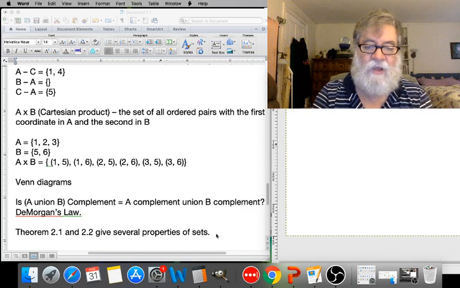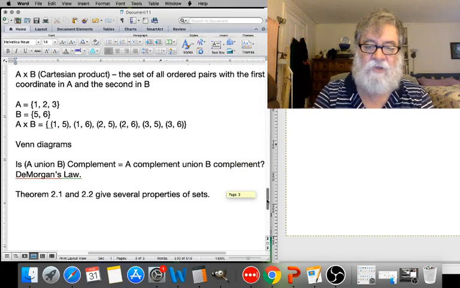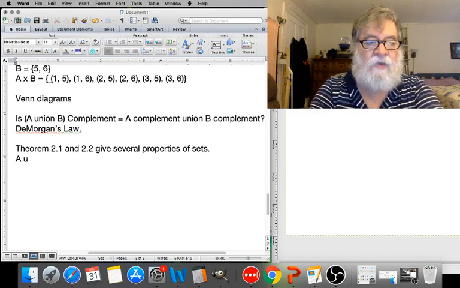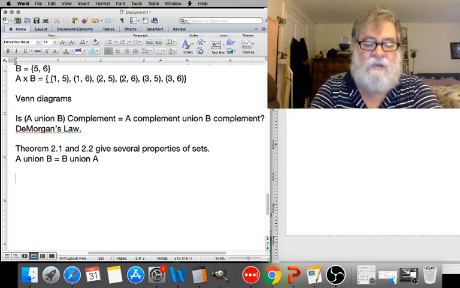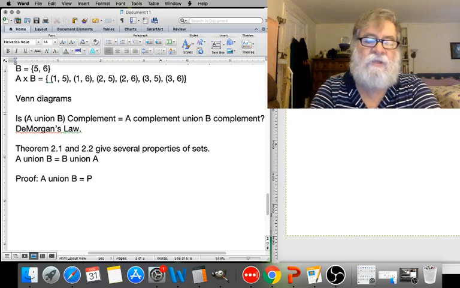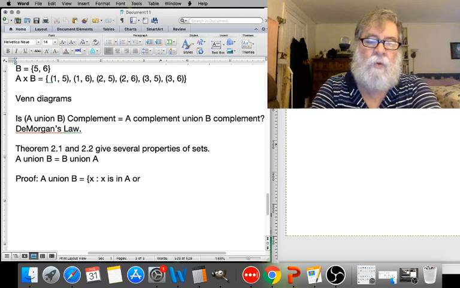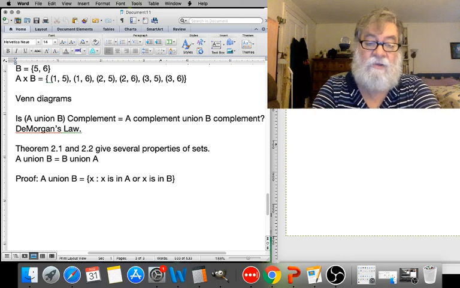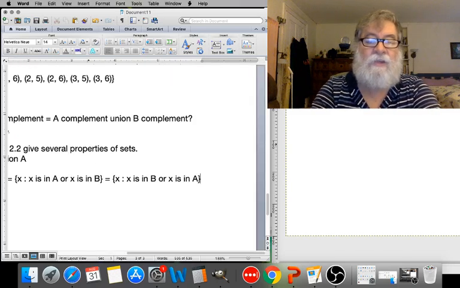So, for example, if I wanted to show A union B equals B union A, I can do this. Proof: A union B equals the set of all X such that X is in A or X is in B. That's by definition of A union B. But that's equal to the set of all X such that X is in B or X is in A. Now, why is that true?